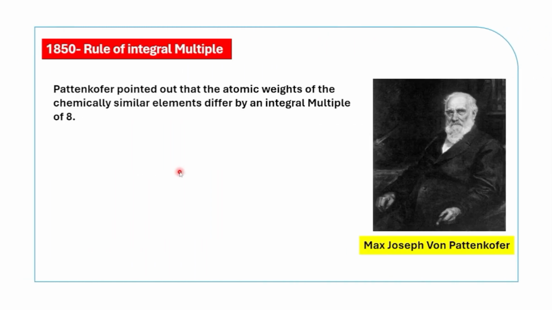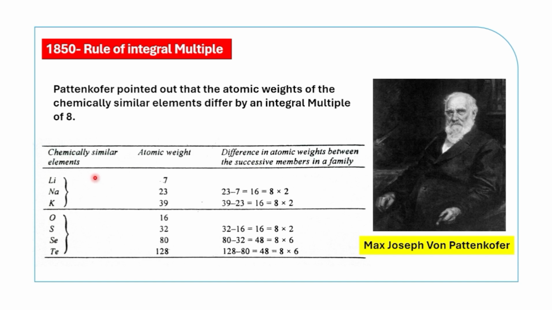Next, in 1850, the rule of integral multiple came. Pettenkofer pointed out that the atomic weights of chemically similar elements differ by an integral multiple of 8. Let's see the examples. If you take the triad lithium, sodium, and potassium, the atomic weights are 7, 23, and 39. If you subtract 7 from 23, you get 16, and if you subtract 23 from 39, you get 16.